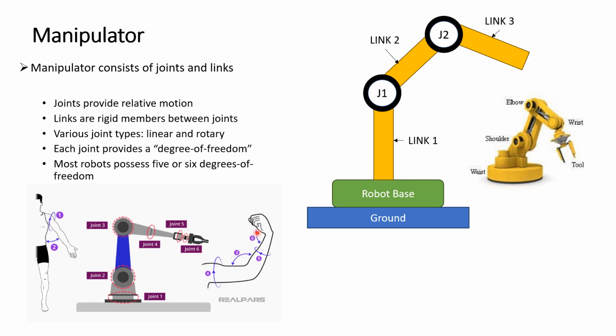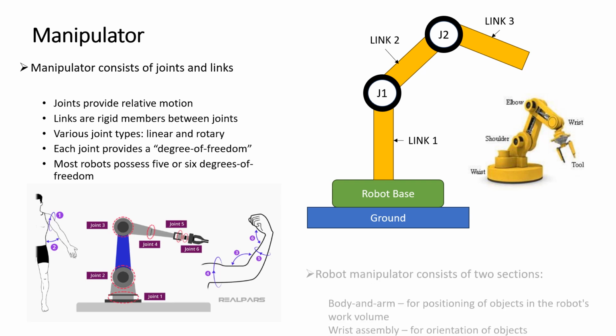You can see we can compare it to our human body, and it will have motions. As per our human body, it can rotate, it can twist, it can revolve. Then some parts will have a linear motion depending on the configuration of the robot. So these are the joints and the links, and these terminologies are very important.